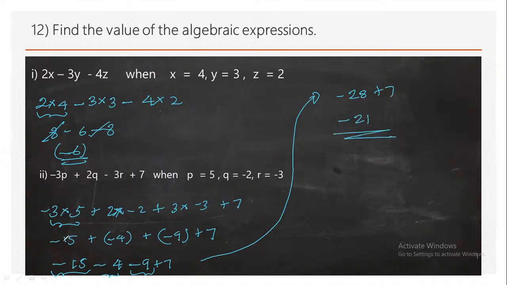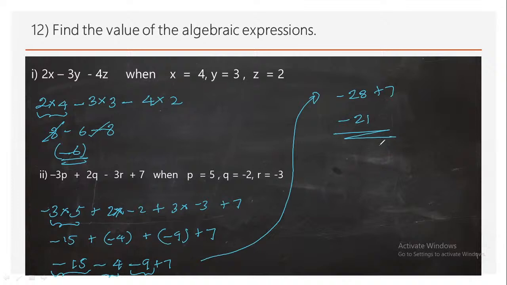Minus 3 times 5, minus 15, 2 times minus 2, minus 4, 3 times minus 3, minus 9, plus 7. So you can add the same sign, minus 15 and minus 4, minus 19, plus minus 9, minus 28, plus 7.